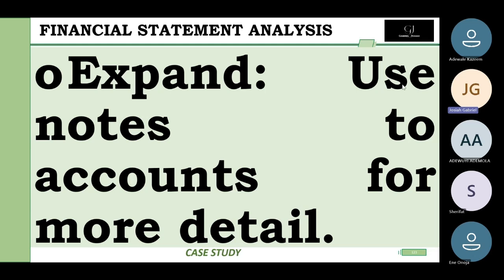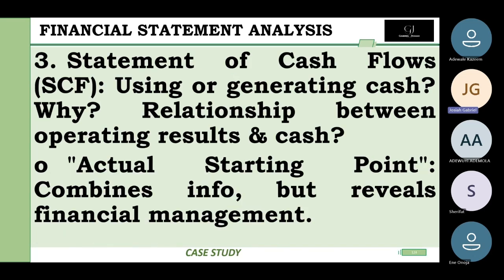This is very important. The notes to the accounts will give you a clue to most of the figures in those components of the financial statements. And the third one is the statement of cash flow, if provided, which is rarely provided. In our opinion, the cash flow is actually the first statement. It's the relationship between the operating results and cash generated and utilized for the business.